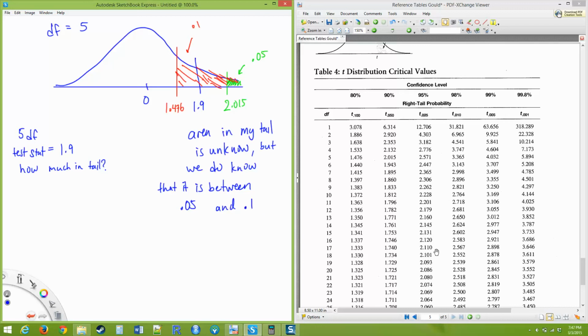Okay, it's between 0.05 and 0.1. And I want to make sure that's clear to everyone. Can we see that? Raise your hand if you can't see that.